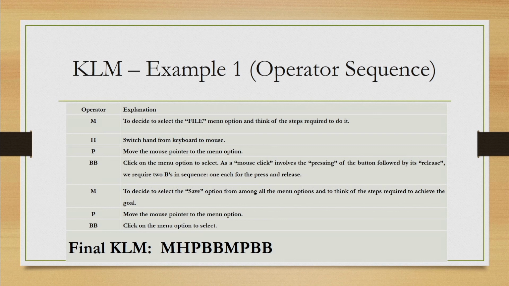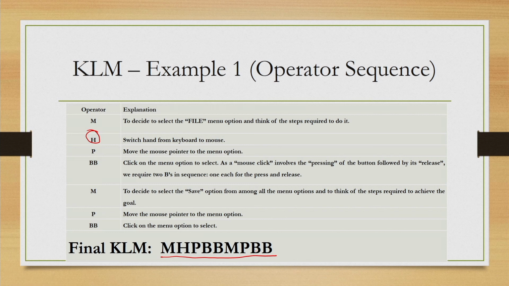So, finally, what we will get is the model of this particular operation, which is a sequence of operators M, H, P, B, B, M, P, B, B. To explain it once again, we assume that there will be no homing, but here in this operation we are using H, which you may ignore if the assumption is that our hand is already on the mouse.